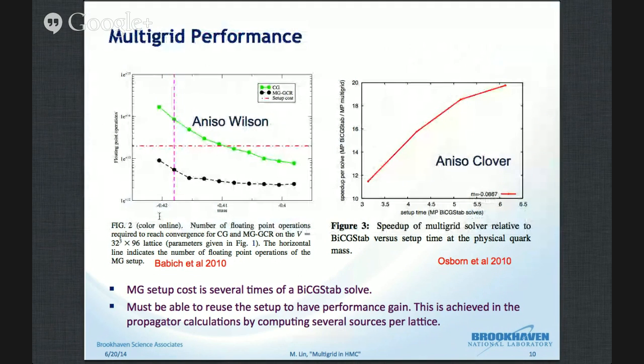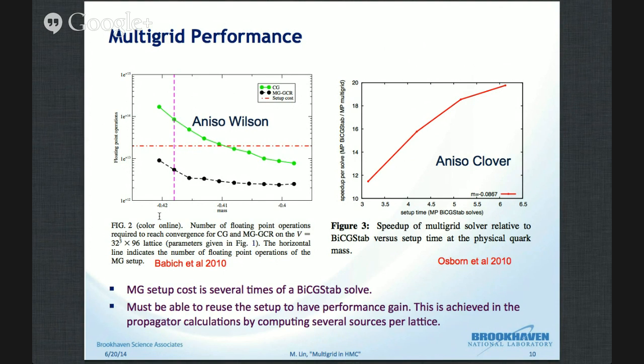So here's just a reminder of what the performance of multigrid looks like. On the left side is the comparison of the multigrid solver, the black dots, and the CG solver, the green, for one of the anisotropic Wilson lattices at different quark masses.